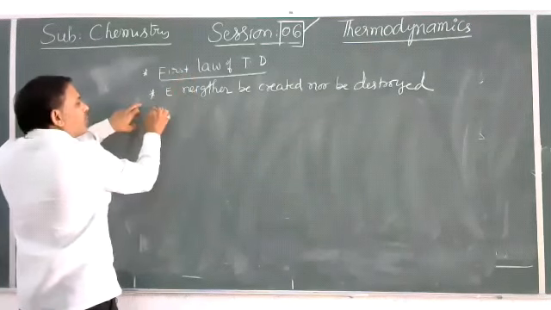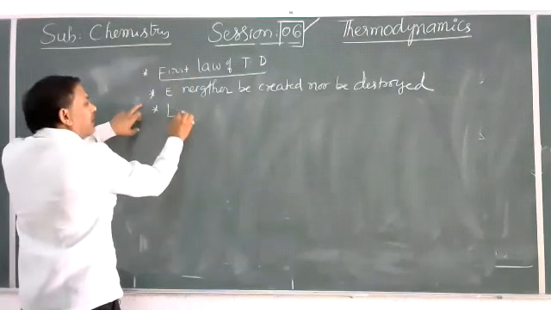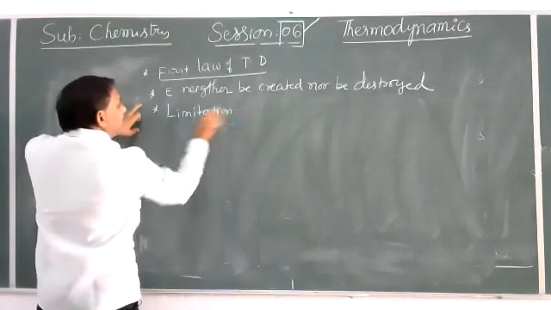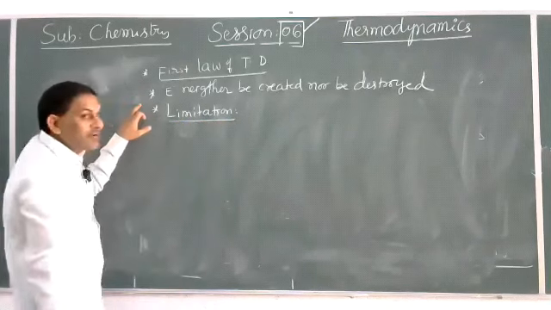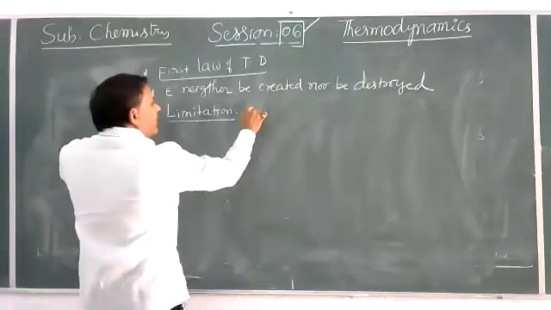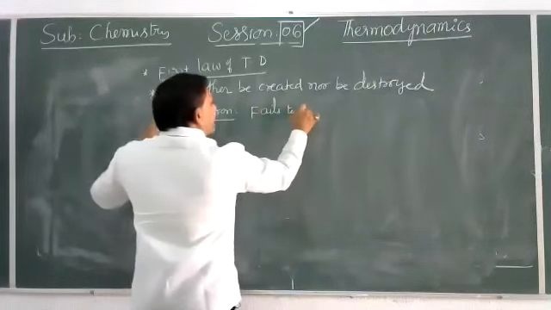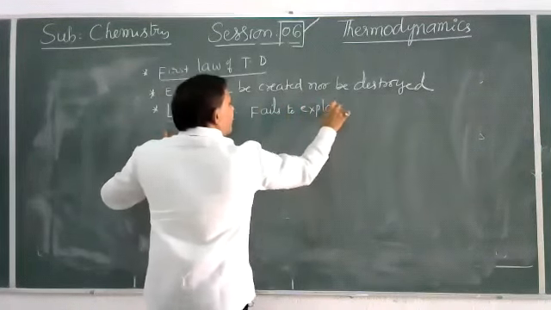Here, the first law of thermodynamics didn't explain how the process takes place, that is the manner of the reaction. So it fails to explain the manner, meaning how the process takes place, and also the feasibility of the process.